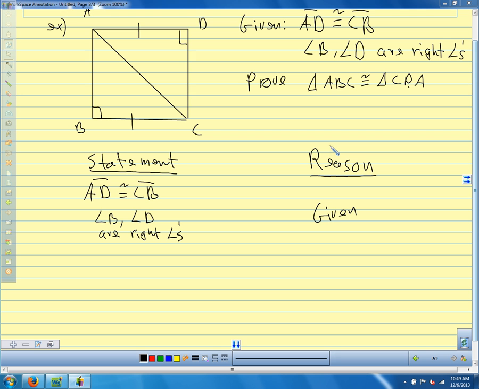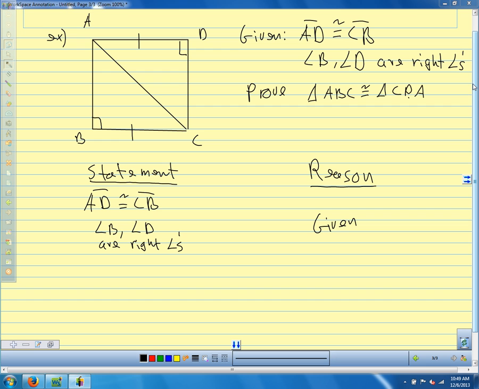What's the one piece that we're missing to show that these triangles are congruent? These are right triangles. Which part of these right triangles are we given congruent? The leg. So what do we need to figure out that's congruent? A hypotenuse.